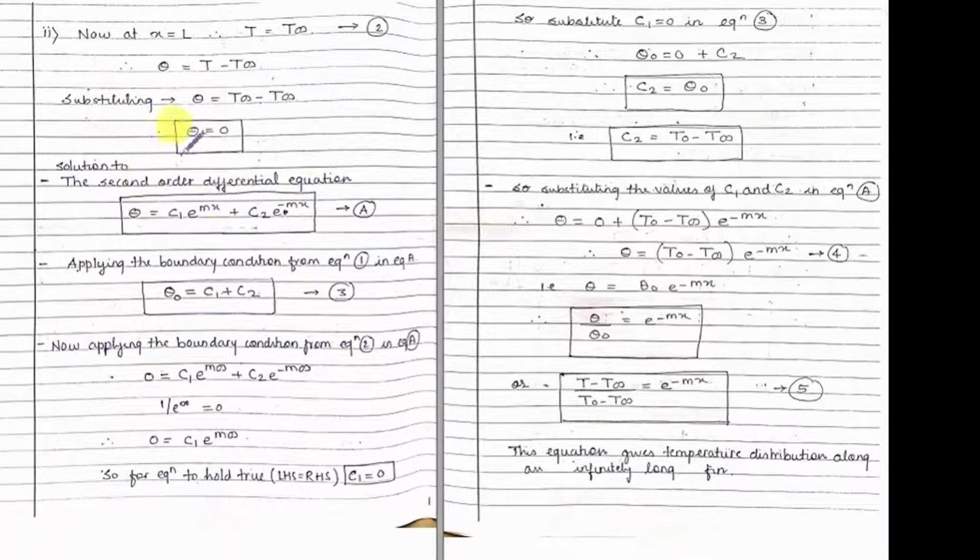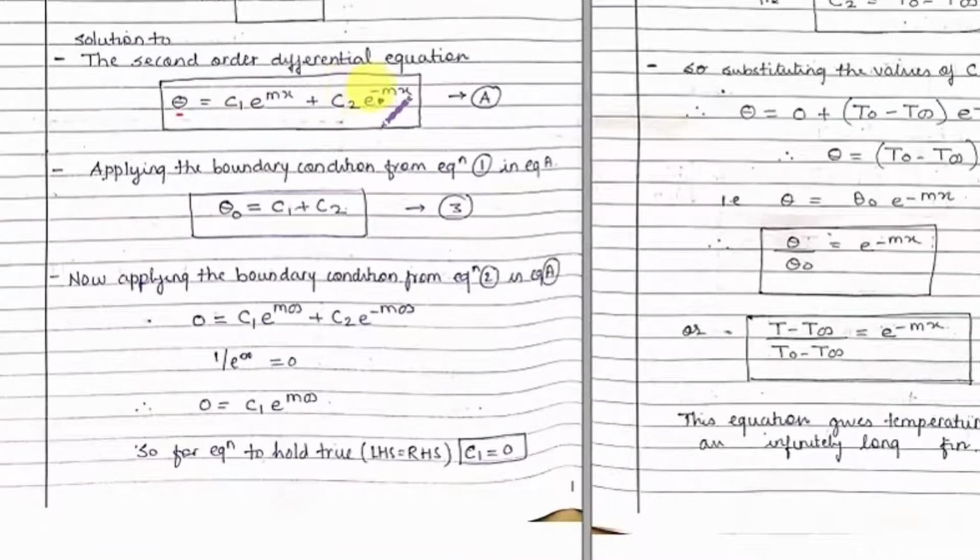We know at x is equal to L, theta is 0, so I will replace theta by 0: 0 is equal to C1 e to the power m x plus C2 e to the power minus m x, and I will replace x by infinity in both. Now e to the power minus infinity is 0, so automatically this term gets equal to 0.